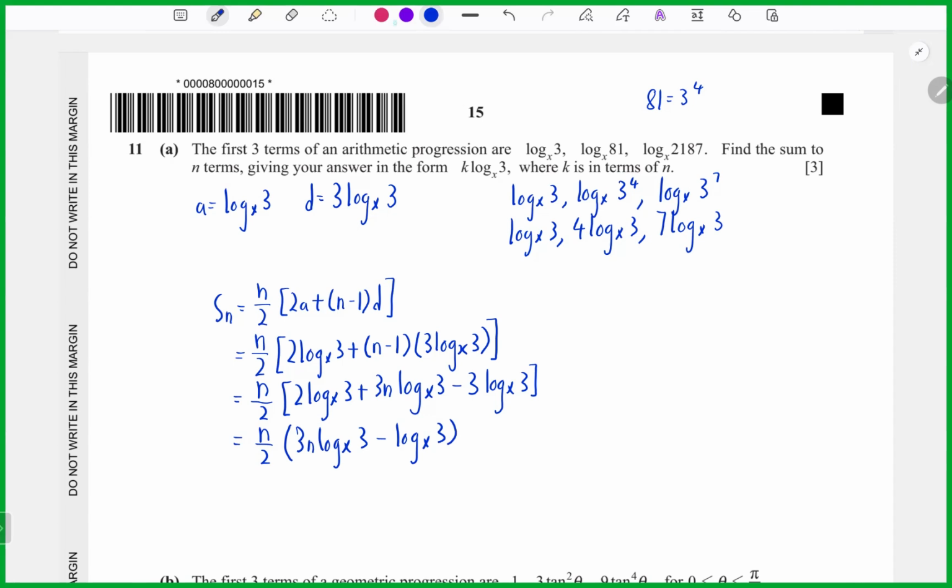So I can factorize this. I will get n over 2 times (3n minus 1) log x 3. Okay.